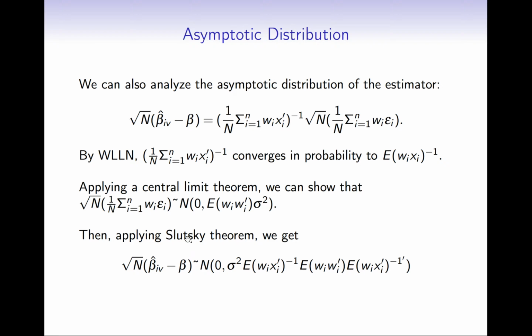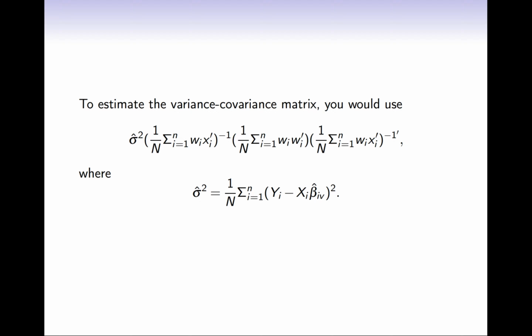If we want to estimate this, you need to estimate each of these means, and you basically plug in the sample means here. Wherever you see expectation, you use the sample mean.